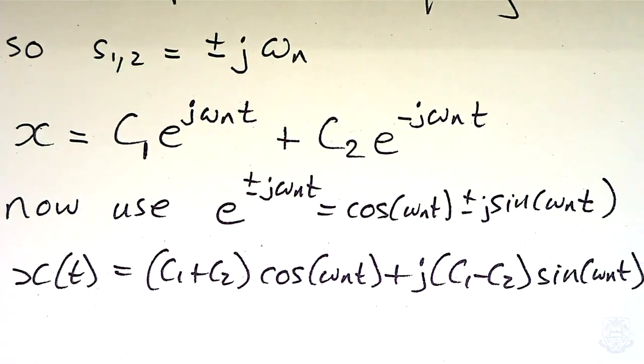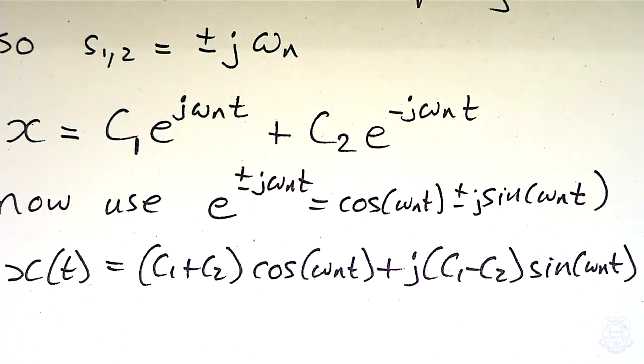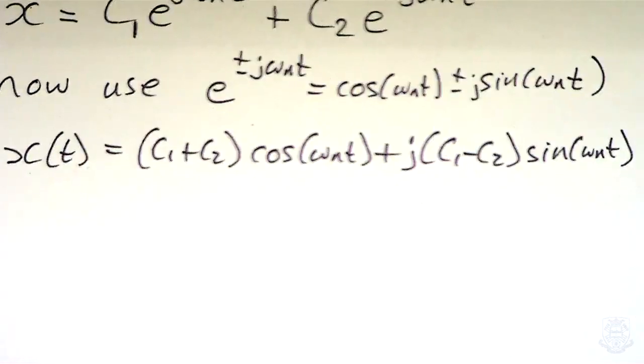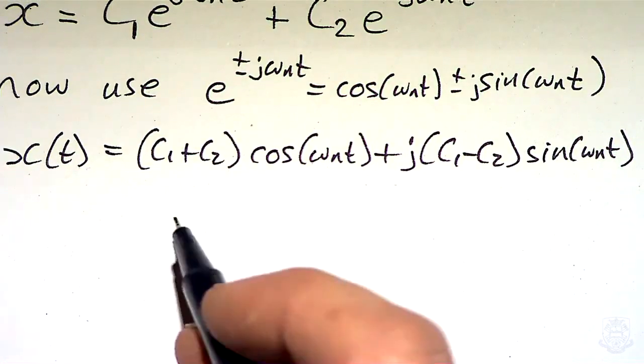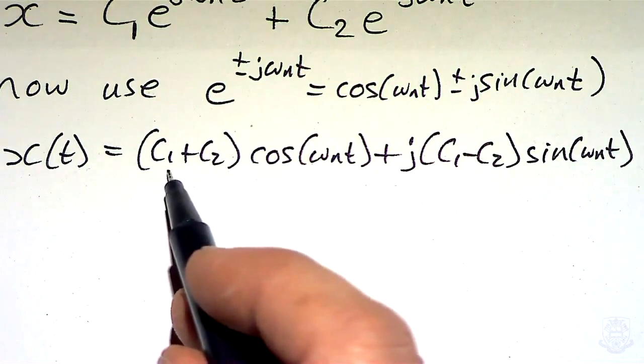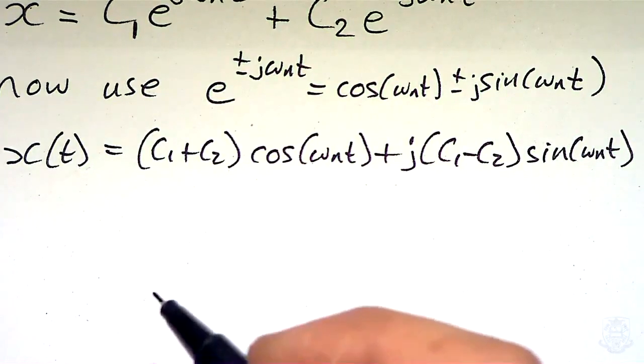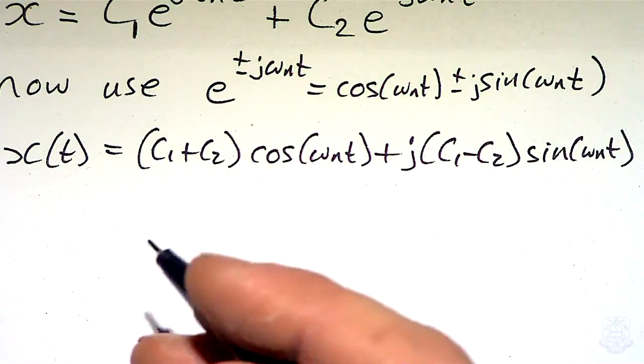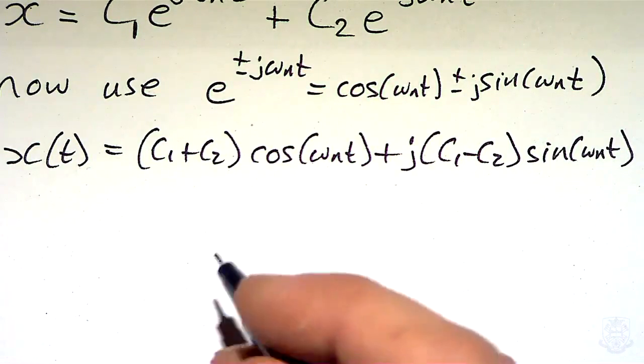Okay, it's just fallen off the end slightly. Now these big constants, c1 and c2, they're just arbitrary things. So I can redefine them as I want because we don't know what they are at the moment. We're going to work out what they are in a minute.